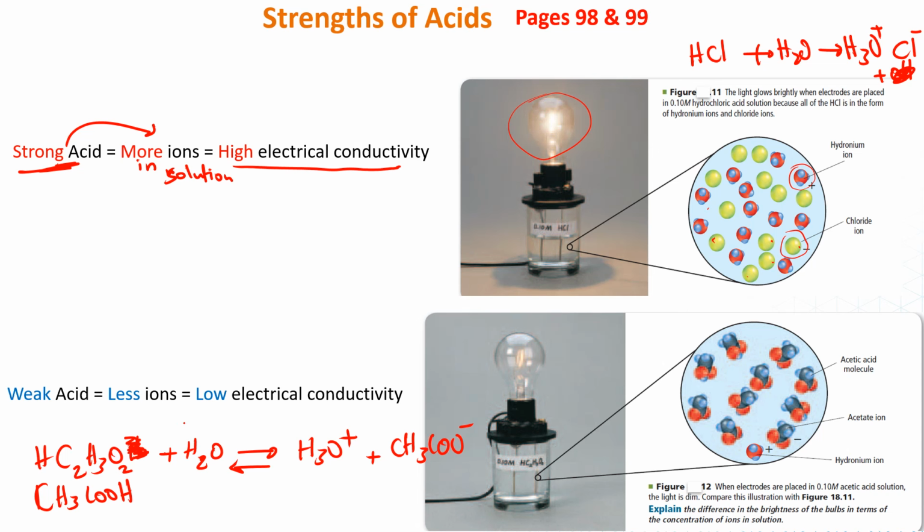All right. So weak acid means less ions and low electrical conductivity. See, the light is very weak because I have only one positive ion and only one negative ion here. And this is the acetic acid molecule. This is the acid, which is HC2H3O2. Okay, because not all of it dissolved in the water. That's the reason why. Okay.